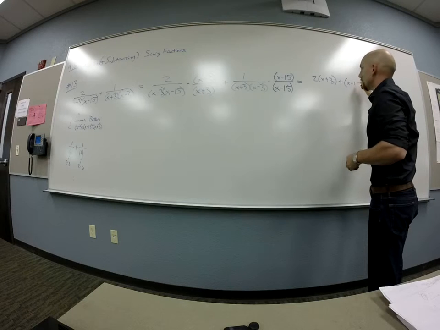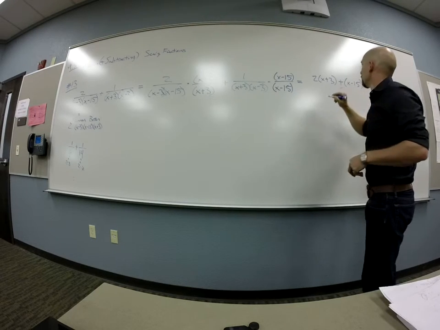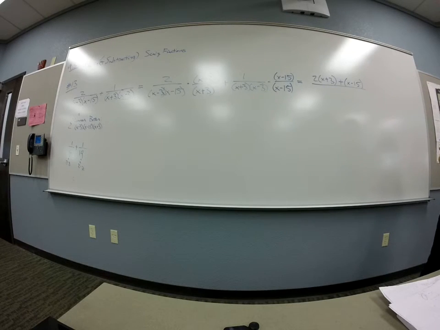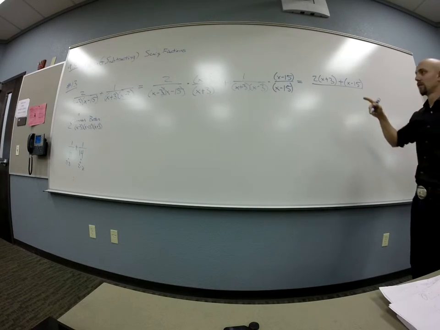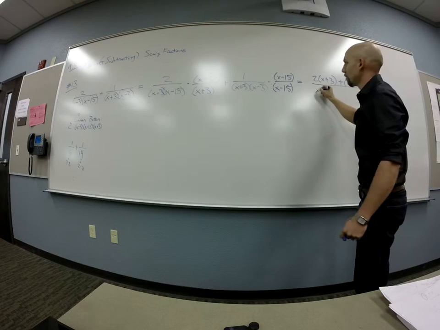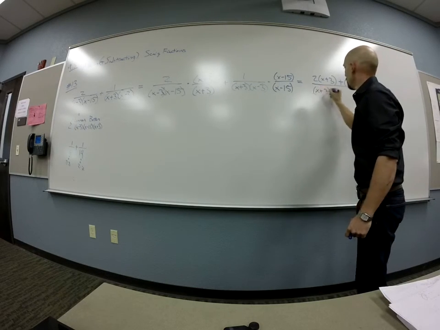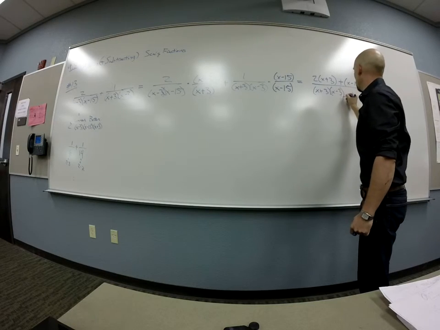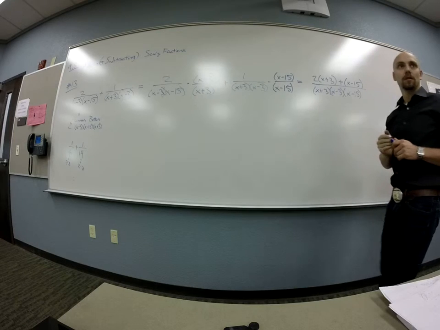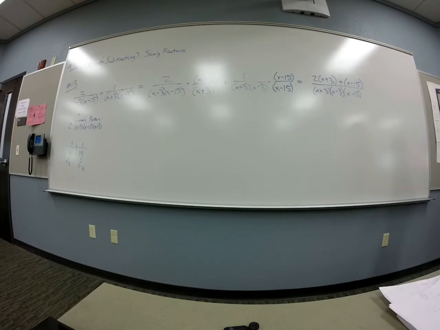Don't, hang on, don't get ahead of yourself. And then what's all this over? X plus 3 parentheses. Okay, so this should all be over the common bottom, which is x plus 3, x minus 3, and x minus 15. Whole body. Right? Which is scary, yeah. But it's just some stuff, right?